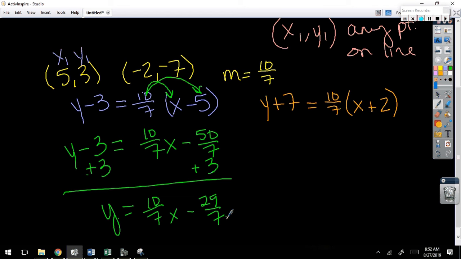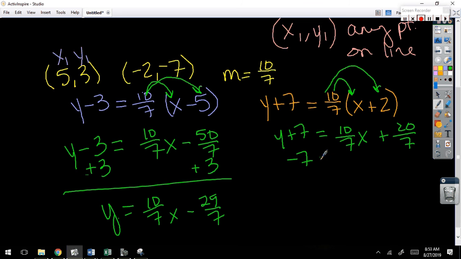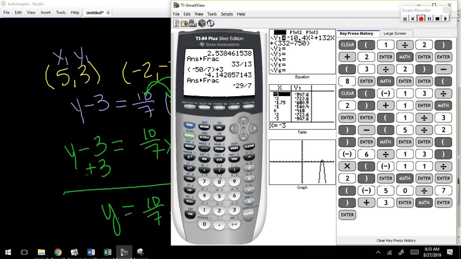You do the same thing with the orange equation. See what you get. Over 7 minus 7.